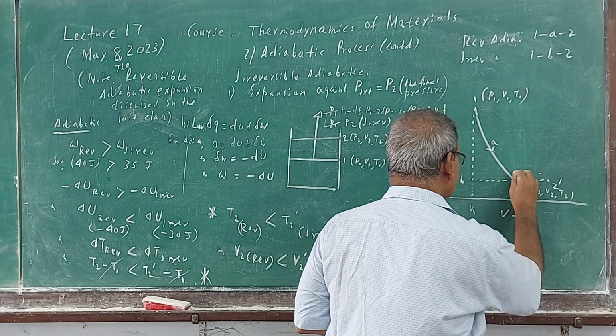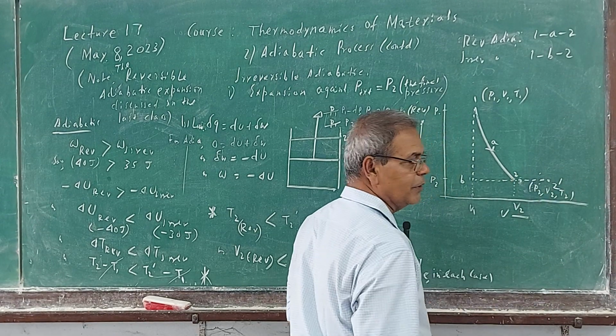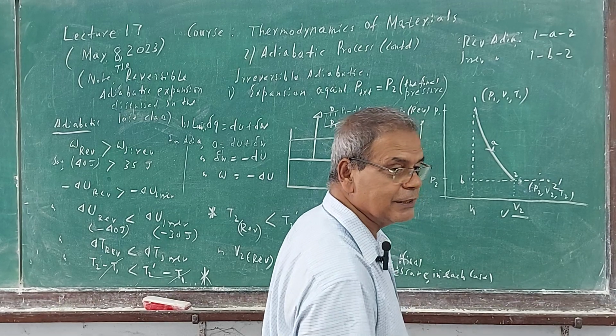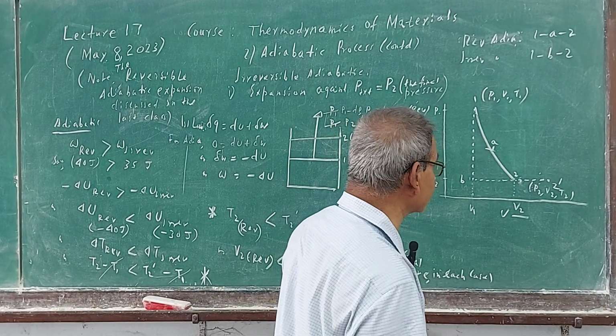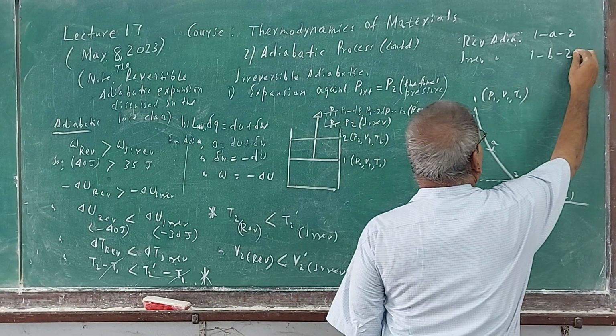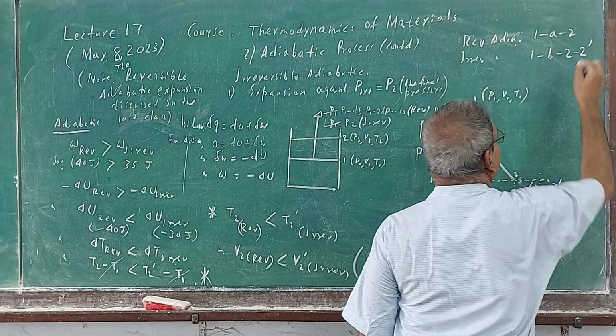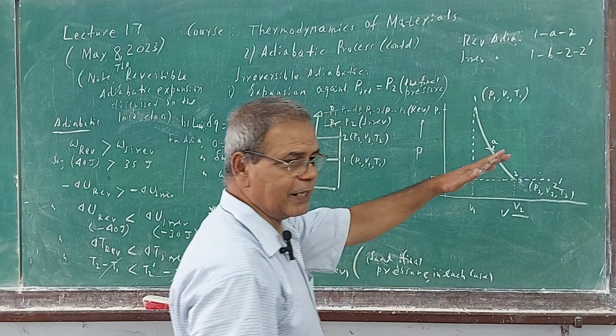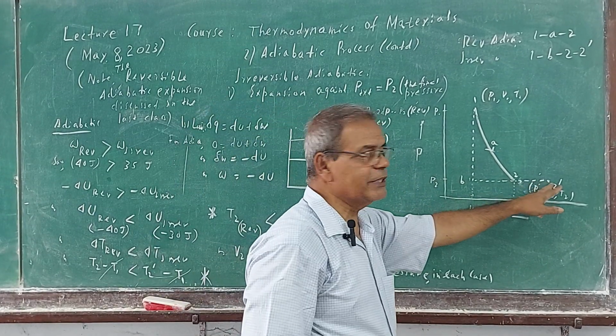This is 2 prime, the final state of the irreversible process. I am very sorry, you should write here 2. It is extended further. Okay, 2 prime. This is the final state.